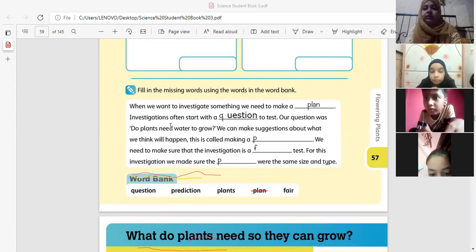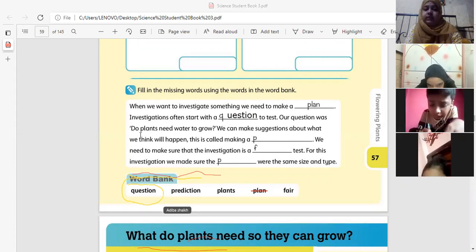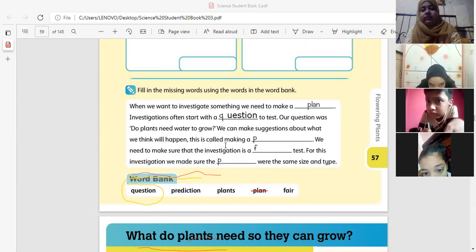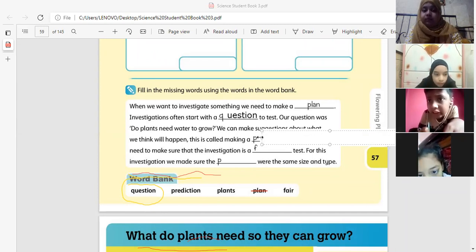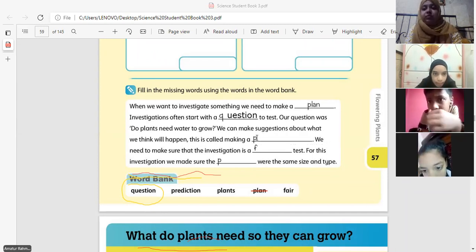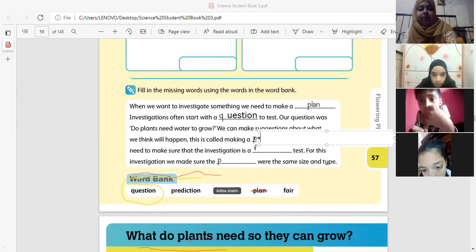Investigation starts with questions. Our question was, do plants need water to grow? We can make a suggestion about what we think will happen. This is called making a... if we just assume things, we are doing prediction. Prediction.